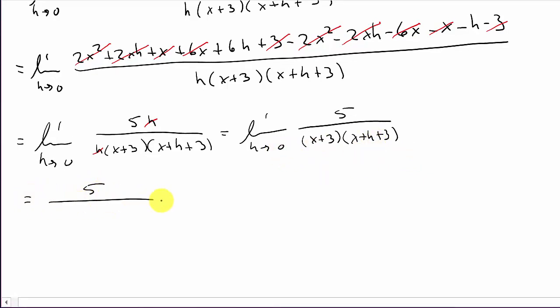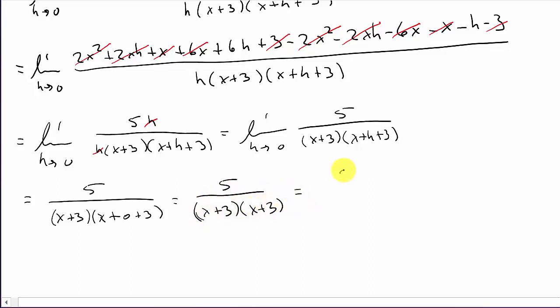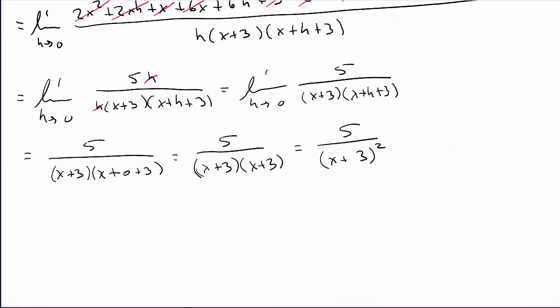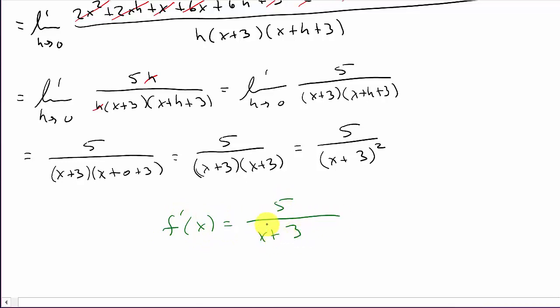So that's 5 over x plus 3 times x plus 0 plus 3, which is 5 over x plus 3 times x plus 3, which gives me 5 over x plus 3 squared. And so our derivative, f prime of x, is 5 over x plus 3 squared.